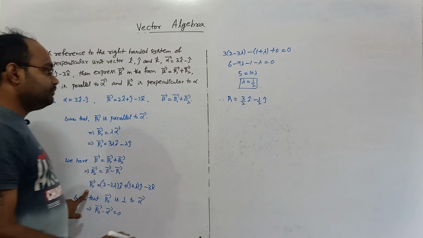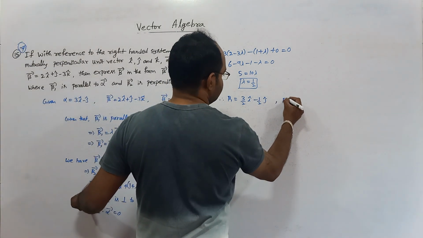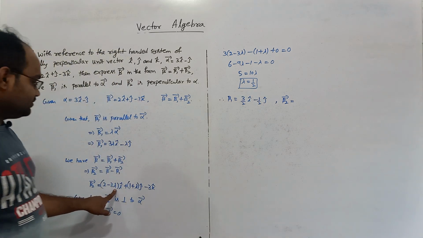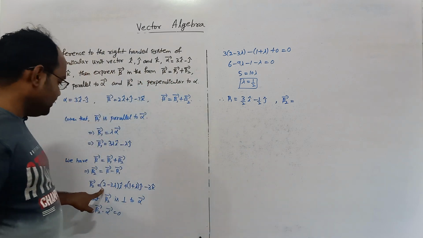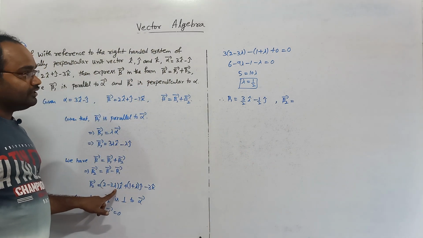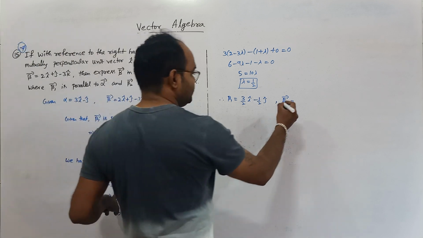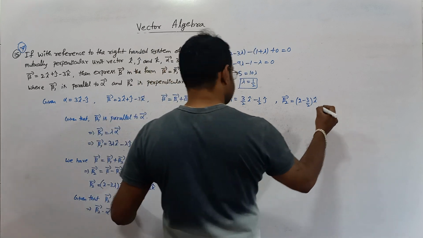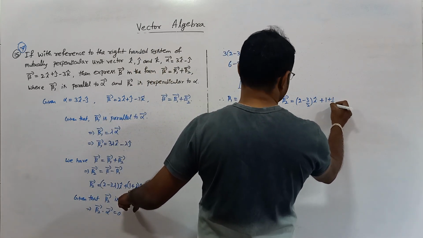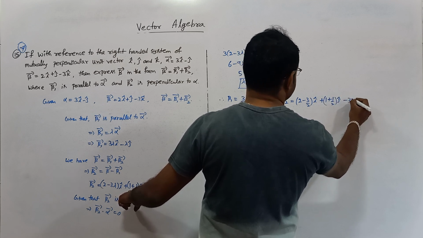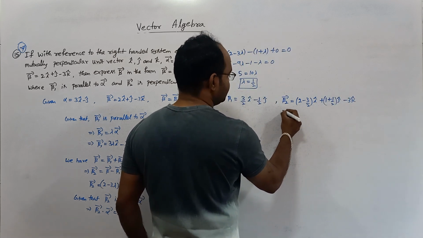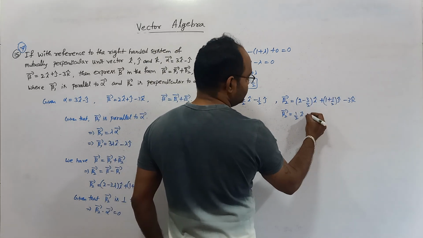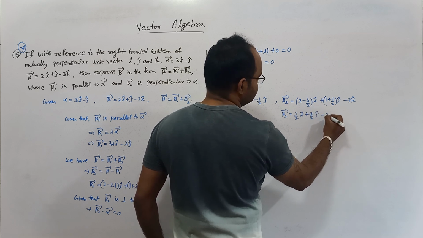Beta 2 will be 2 minus 3 into 1 by 2, that is 2 minus 3 by 2 i, plus 1 plus 1 by 2 j minus 3 k hat. So if we simplify, beta 2 we get 4 minus 3, that is 1 by 2 i hat, 3 by 2 j hat minus 3 k hat.